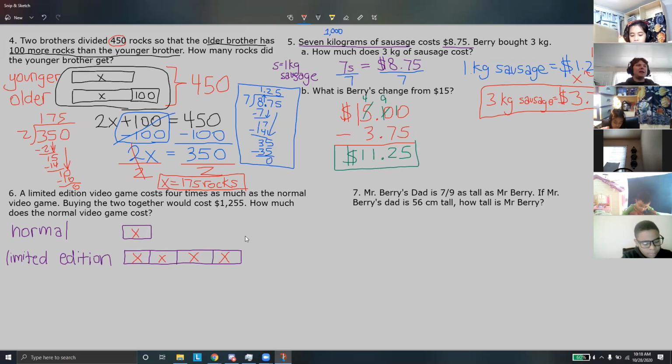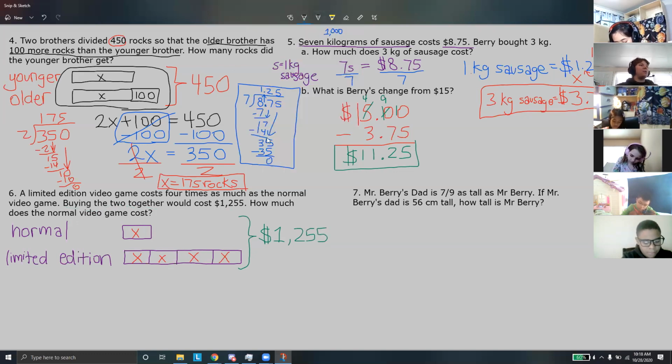Each box is the same size. And all together, they equal the total of buying the two together, the normal and the limited edition, which costs $1,255.